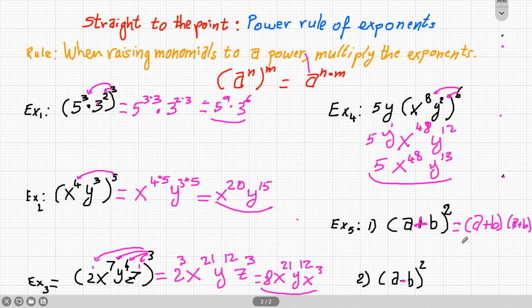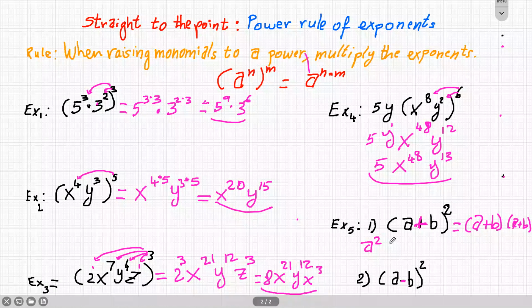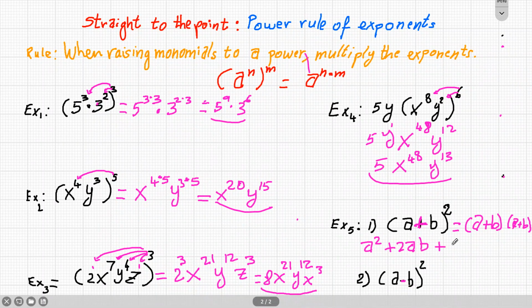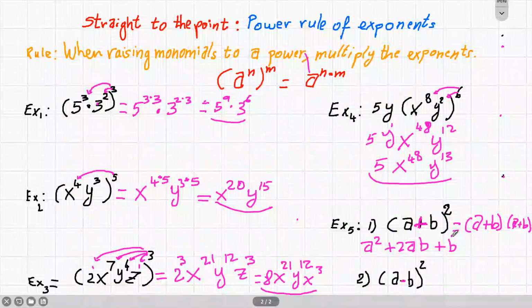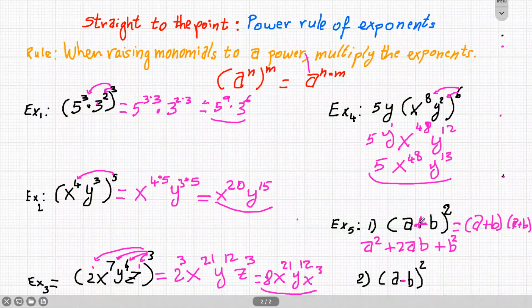And if you expand this, you are going to get a squared plus 2 times a times b plus b squared. And this is known as a perfect square.